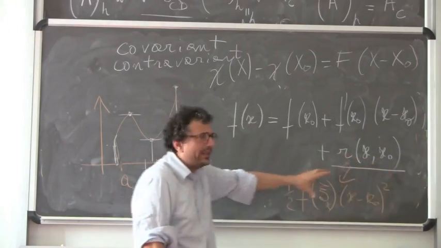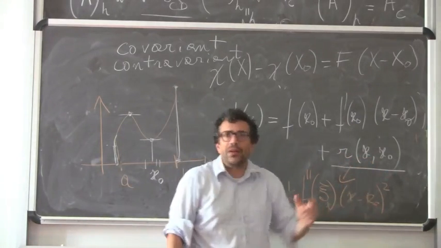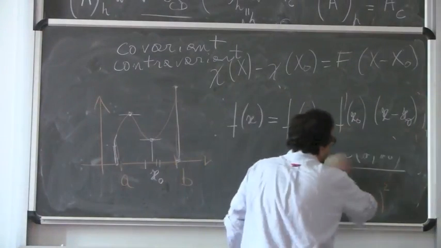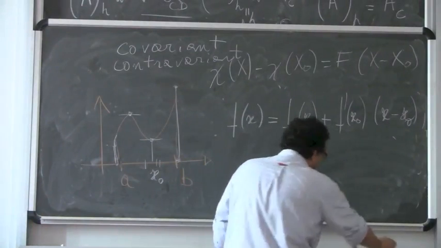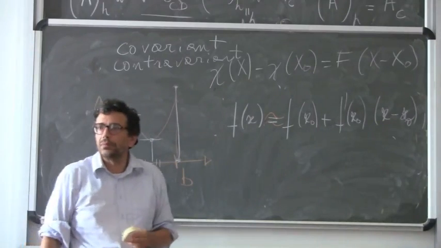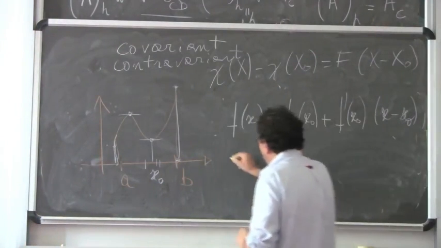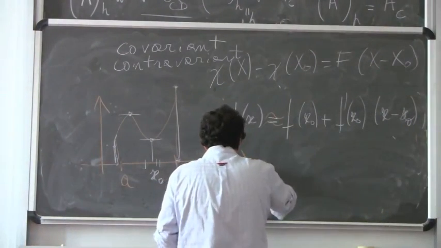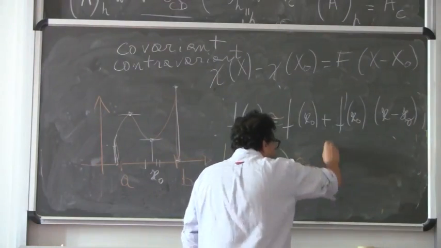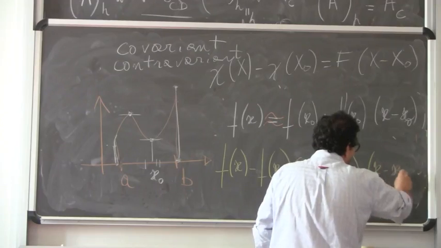So assume that x is so close to x0 and that the function f is regular enough that this remainder can be neglected, and this is nearly equal to this. Okay? Then you can write f of x minus f of x0, and this is nearly equal to f prime x0 times x minus x0.